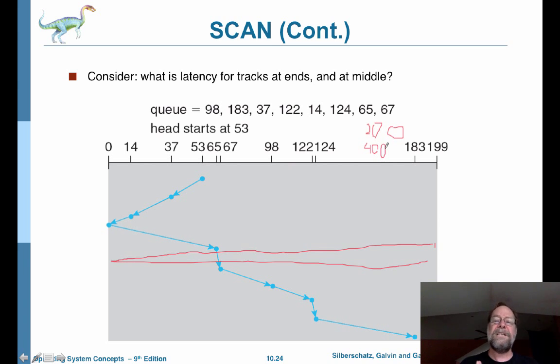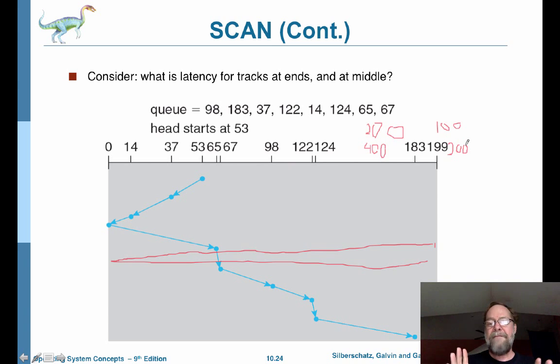Now the average is going to be the difference between the minimum and the maximum of each. So the average for our center request is going to be the amount of time it takes to move 100 tracks, and for the requests on the edges, track 0 and track 200, that average there is going to take about 200 time units to service.